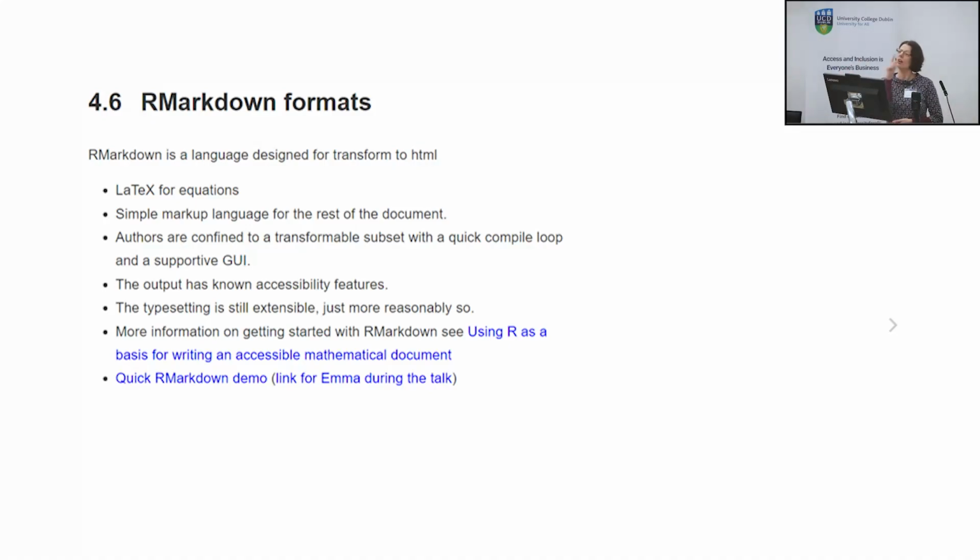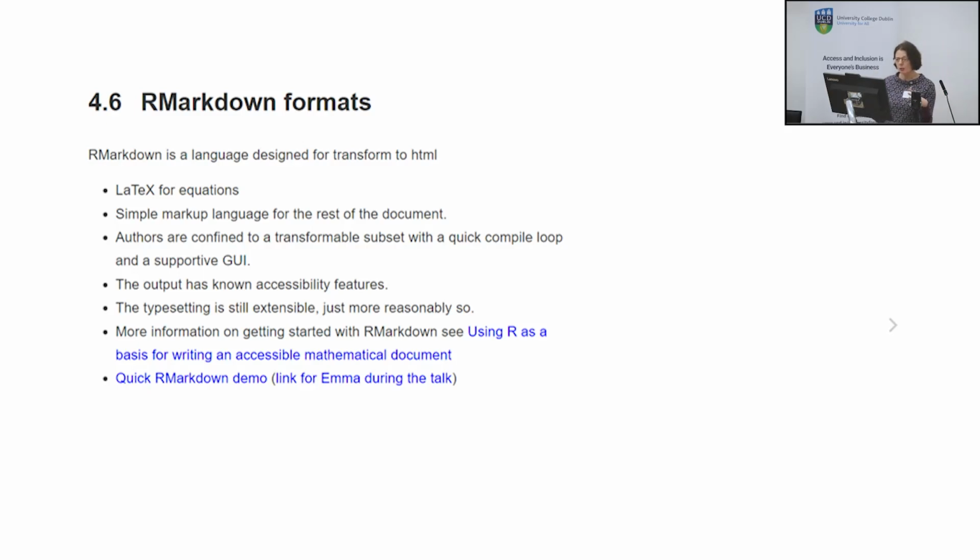And the R part stands for R, as in the language R. But really, what we're talking about here is mathematicians, statisticians originally, wanting to include mathematical notation. So we have a transform from a simple markup language plus the LaTeX just for the equations for the mathematics. We're confined to a transformable subset.